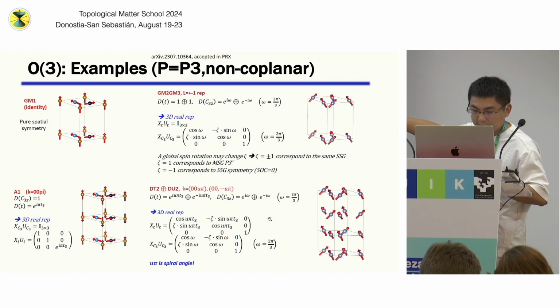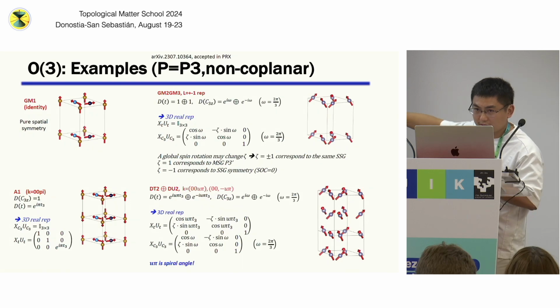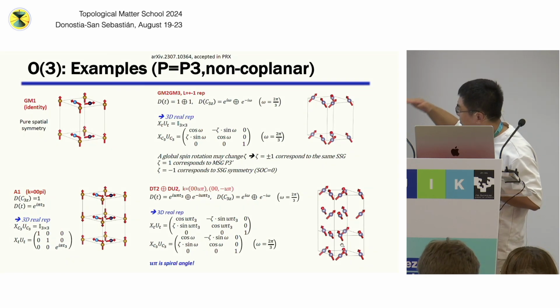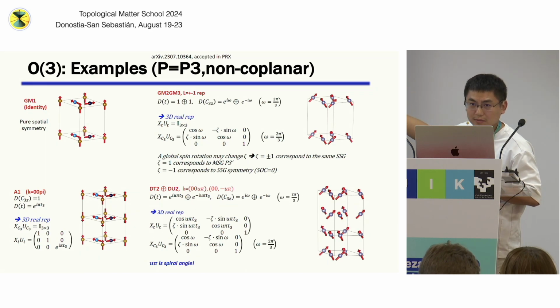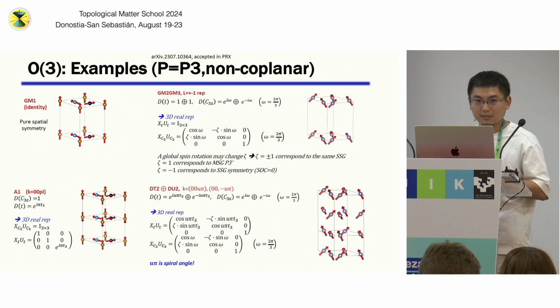And due to this spin operation, we must rotate the moments by a small angle defined by u pi. That means the global spin axis for the second layer is not the same as for the first layer. It's rotated by this angle from the first layer, and every time you apply a translation, you have a global rotation for all these moments. And actually, this is a spiral structure.